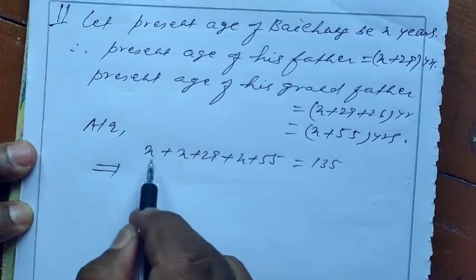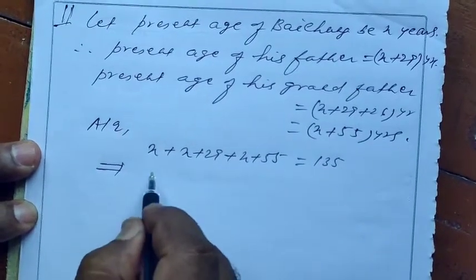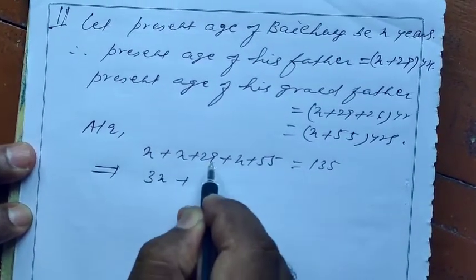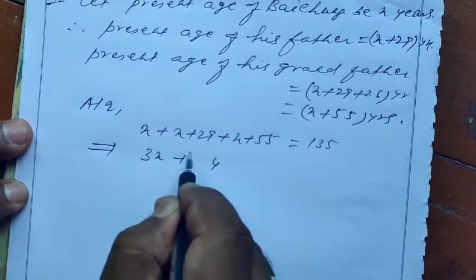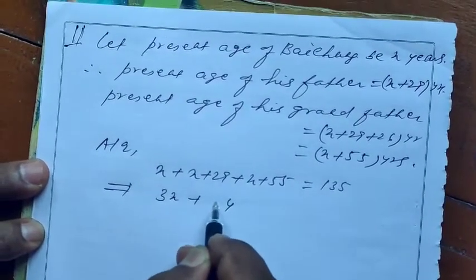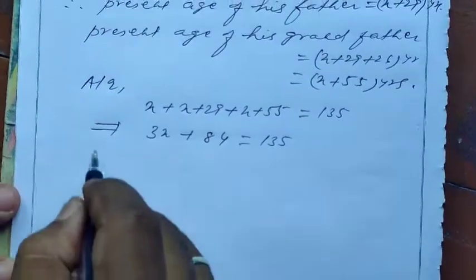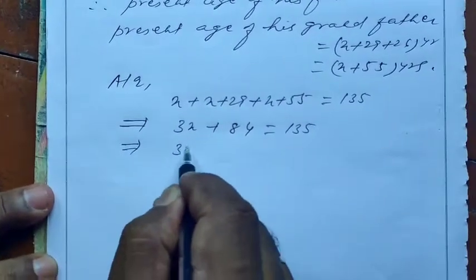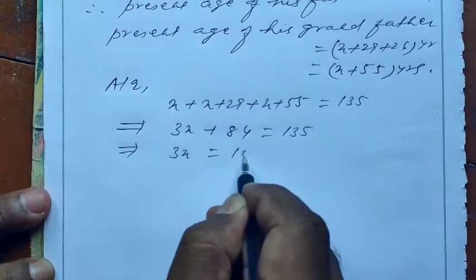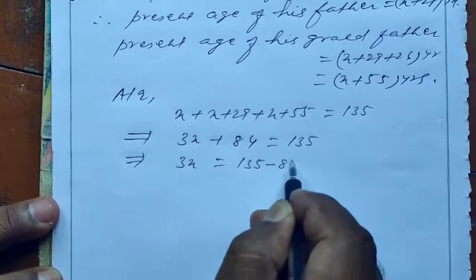This implies that x plus x plus x is 3x, plus 84 is equal to 135. This implies that 3x is equal to 135 minus 84.